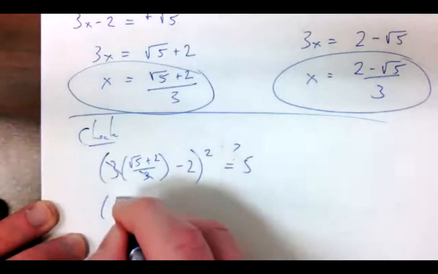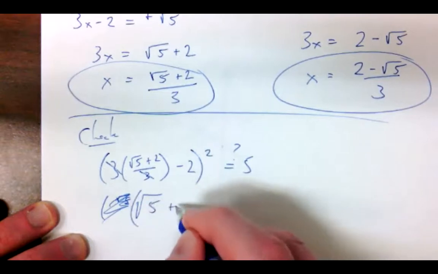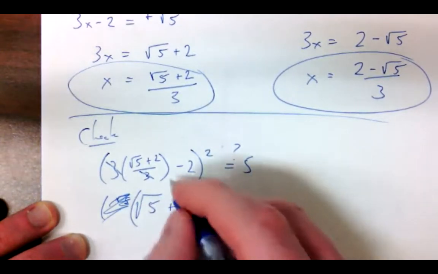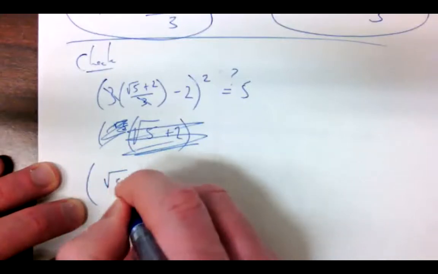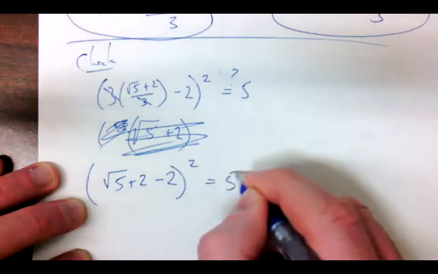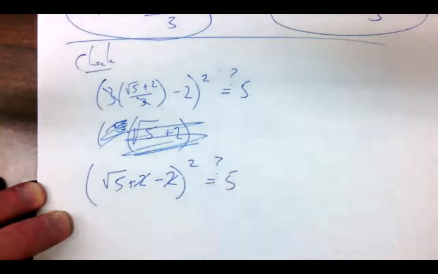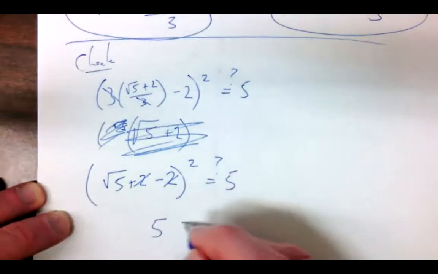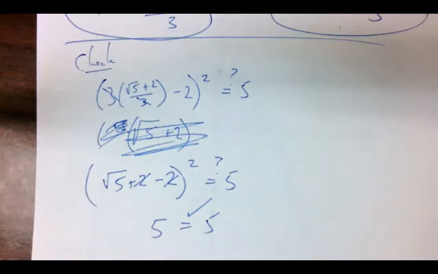So now I've got root 5 plus 2 minus 2, squared equals 5. These cancel. Positive 2, negative 2, so it's just the root of 5 squared. Root 5 squared is 5. And it'll work the same way with the other one.